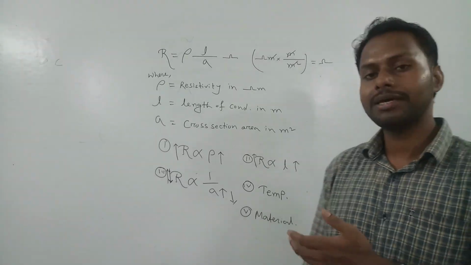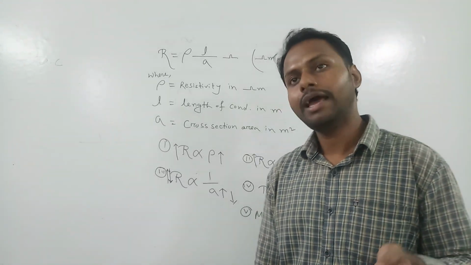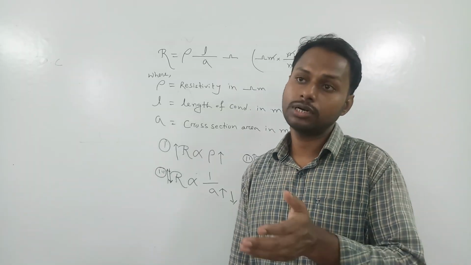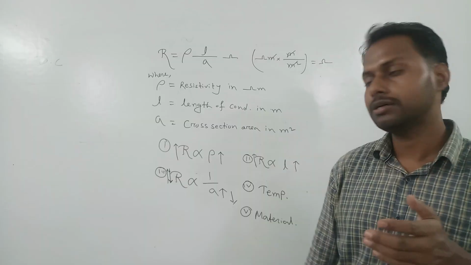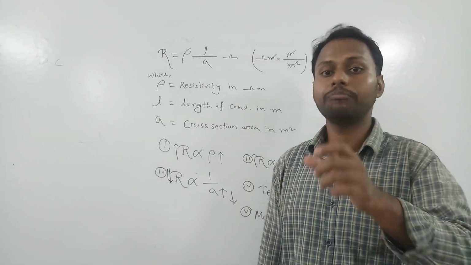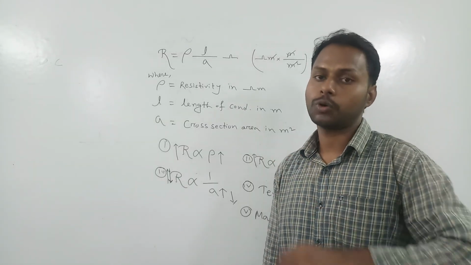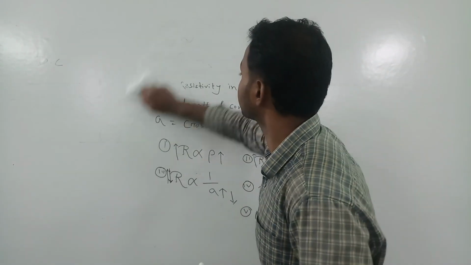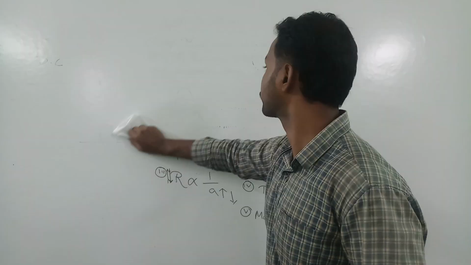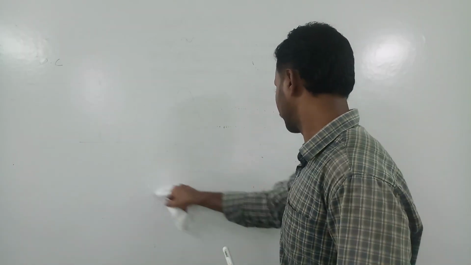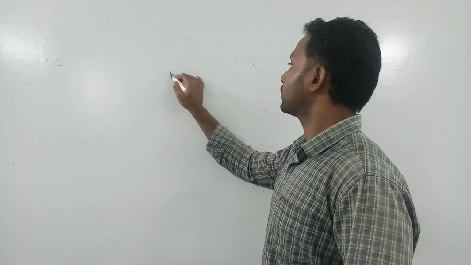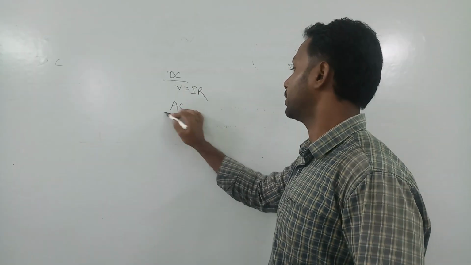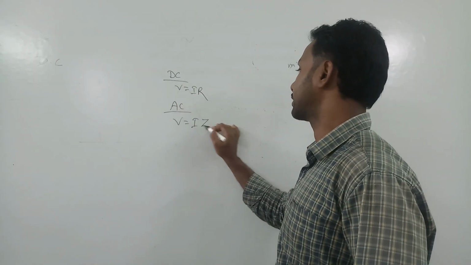It is also applicable in DC circuits. It is applicable in AC circuits too, but in AC circuits it is based on reactance along with the resistance. That is, we use impedance in the formula. In a DC circuit we write V equals IR, and in an AC circuit we write V equals IZ.